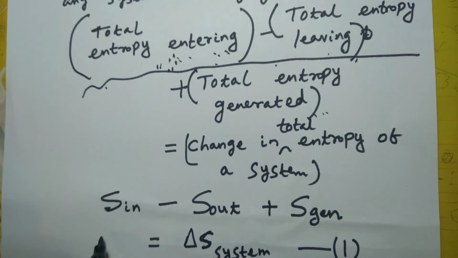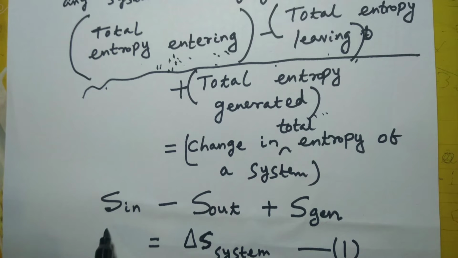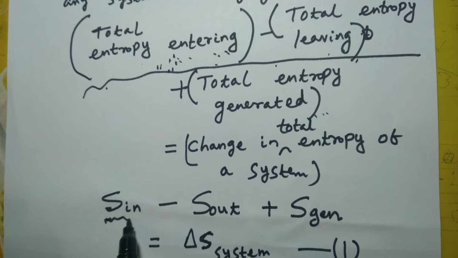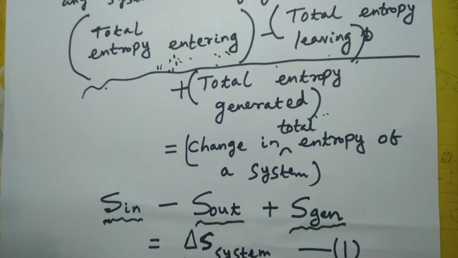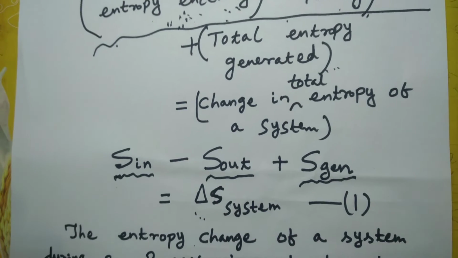So mathematically this can be stated in the form of an equation. This is the entropy that is transferred with heat or with mass, S in minus S out, and this is the entropy that is generated, and this is the total entropy increase of the system.